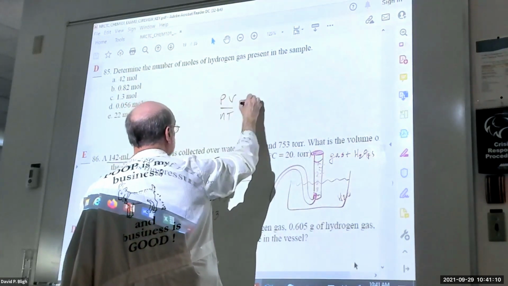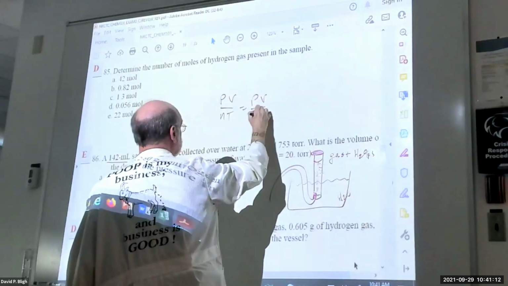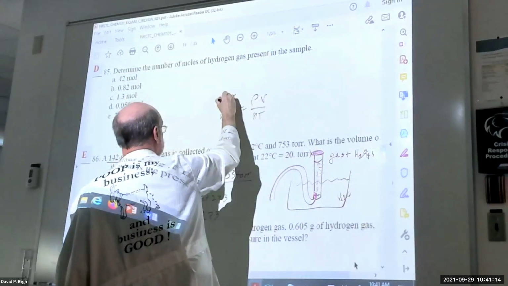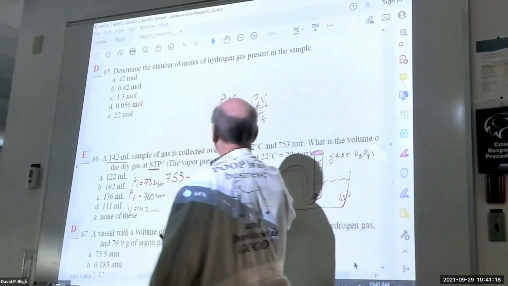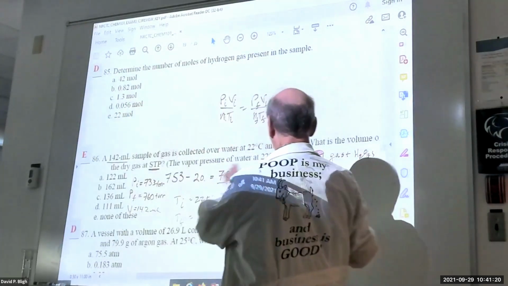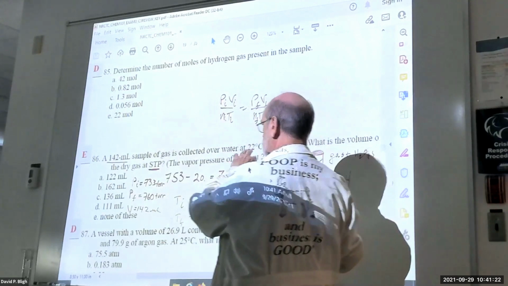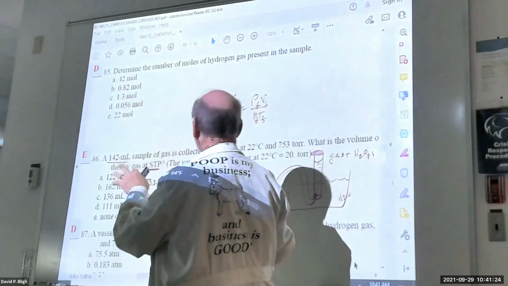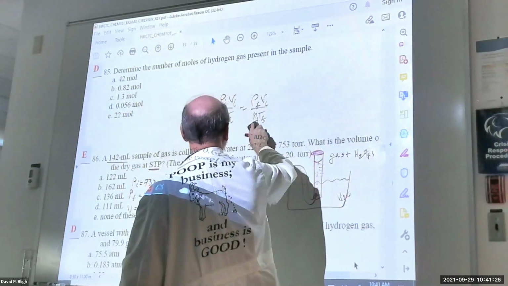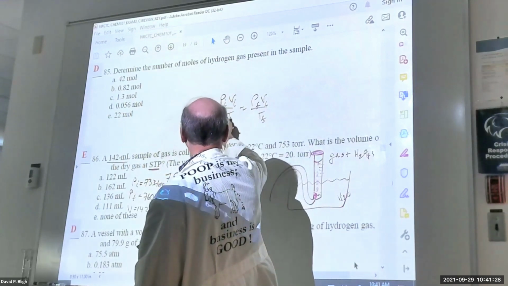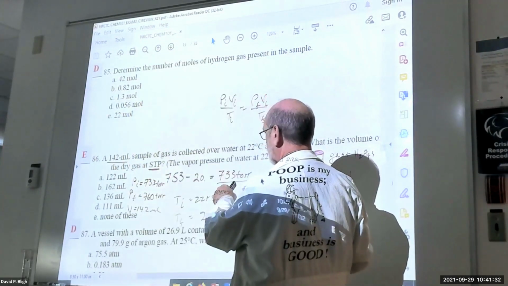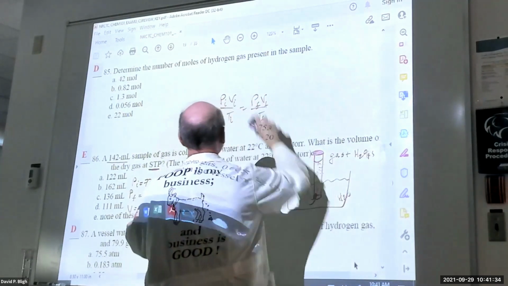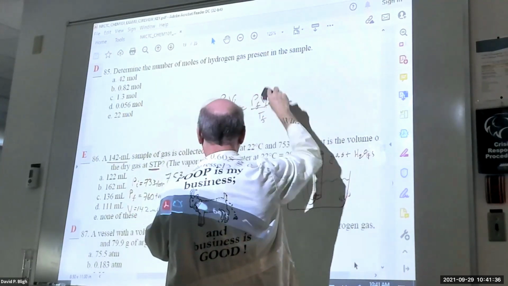PV over NT, PV over NT. This is initial, this is final. So the number of moles doesn't change. It's the same gas before and after. Temperature changes. We have to keep that. Pressure changes.